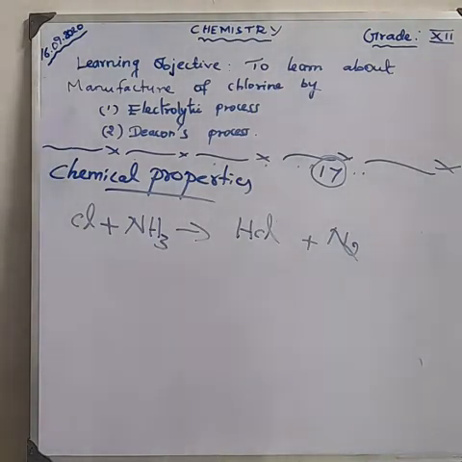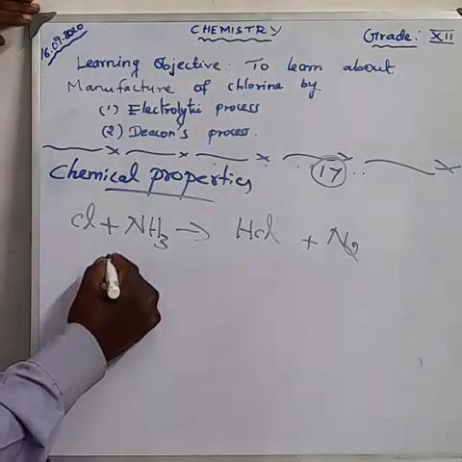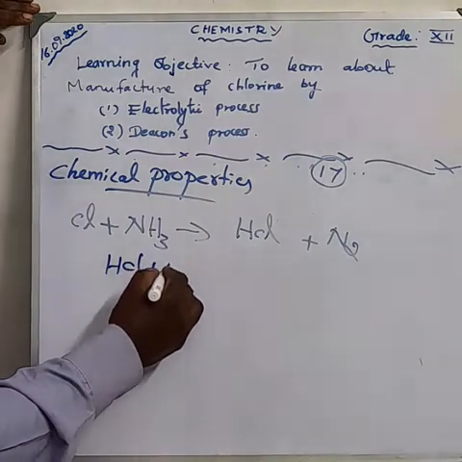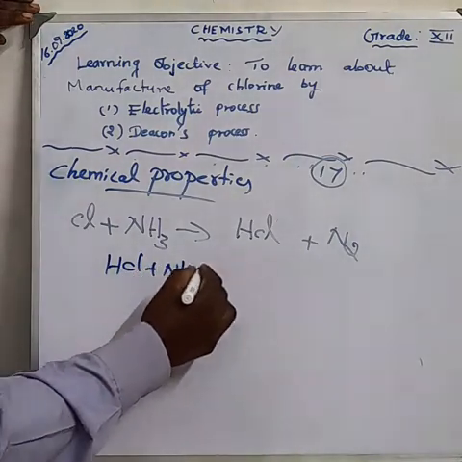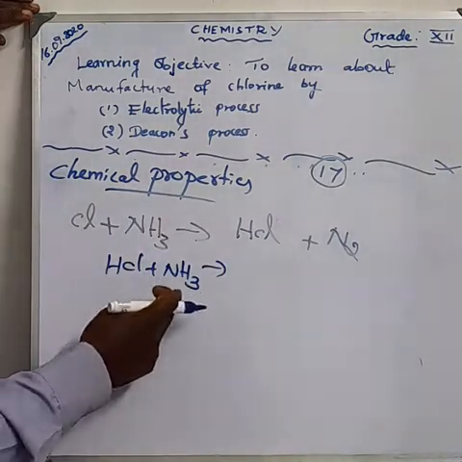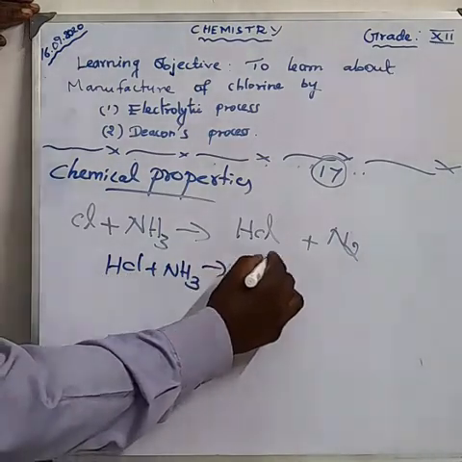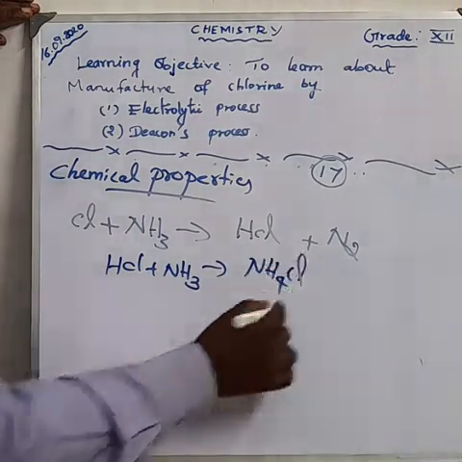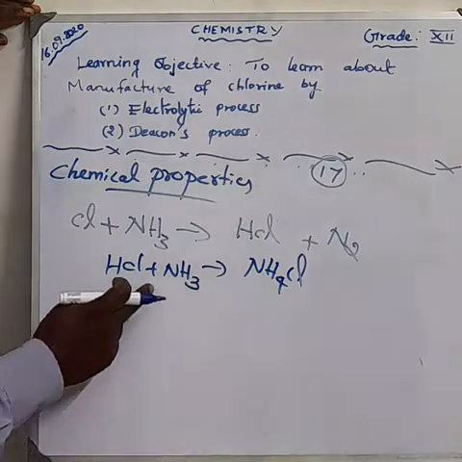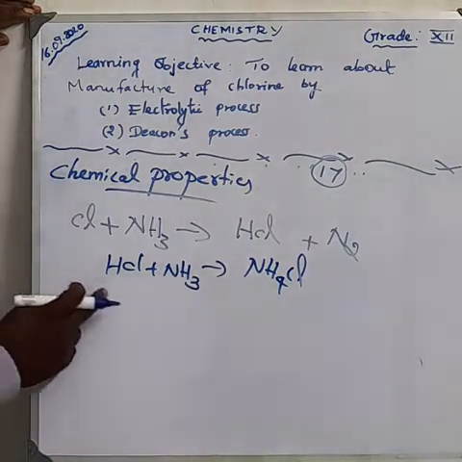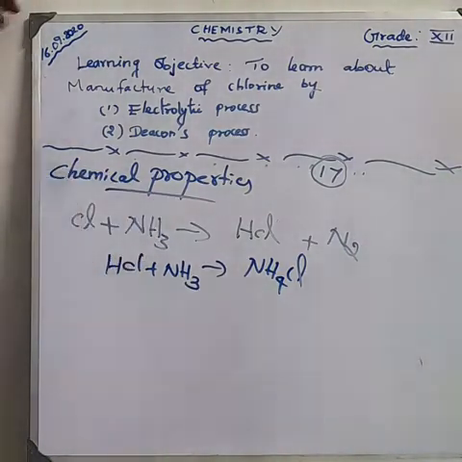Here, the hydrochloric acid reacts with ammonia. We get ammonium chloride. Ammonium chloride formula is NH4Cl. How can you balance the equation?